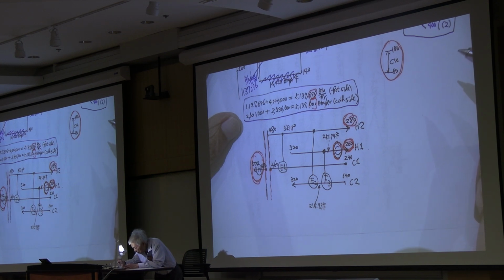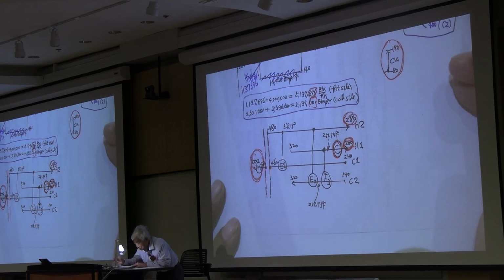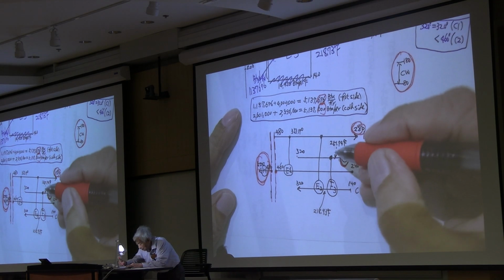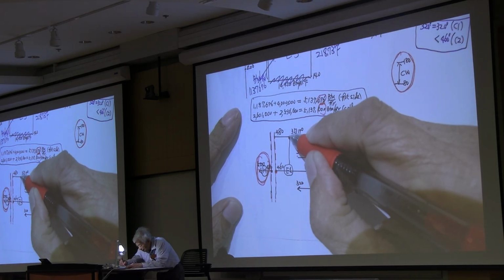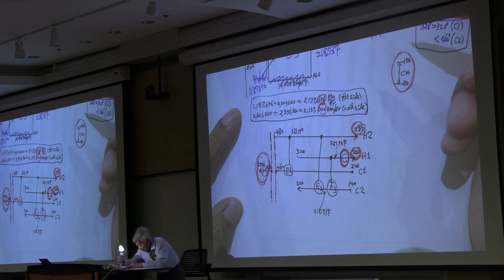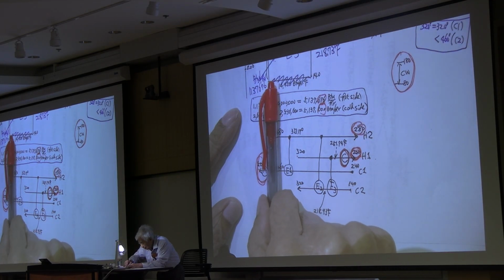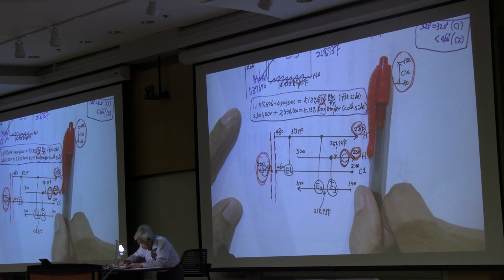Put two more exchangers. And this, 480, 460. You match from high temperature downward.